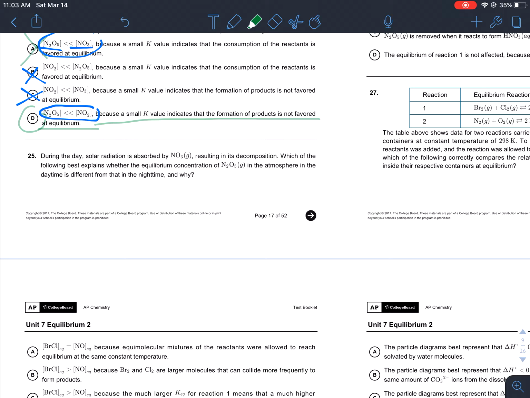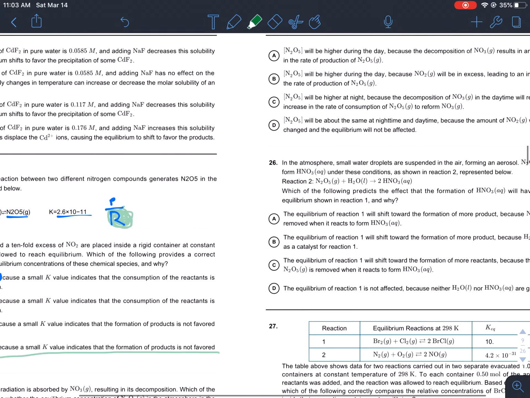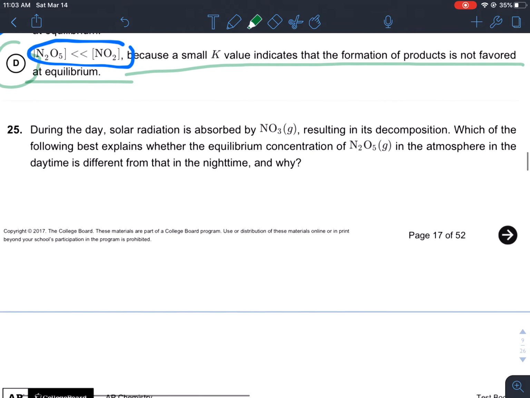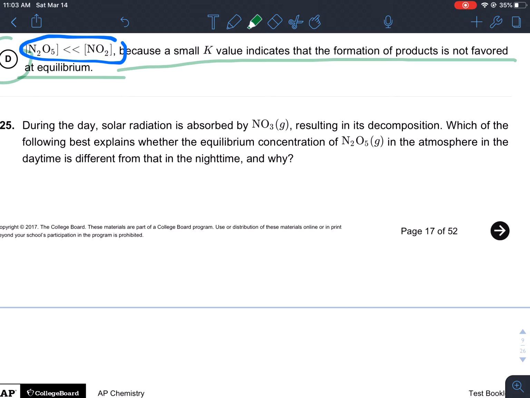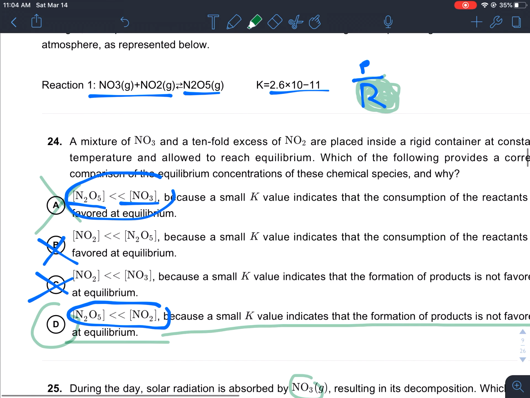So, if solar radiation is absorbed by the NO3, resulting in its decomposition, then at nighttime you're not going to have solar radiation, right? So at nighttime, you got to look at the reaction, right?